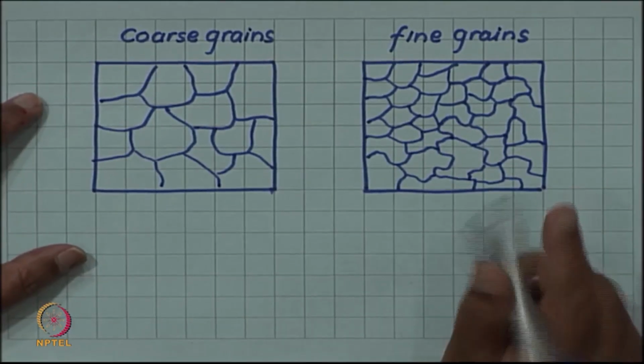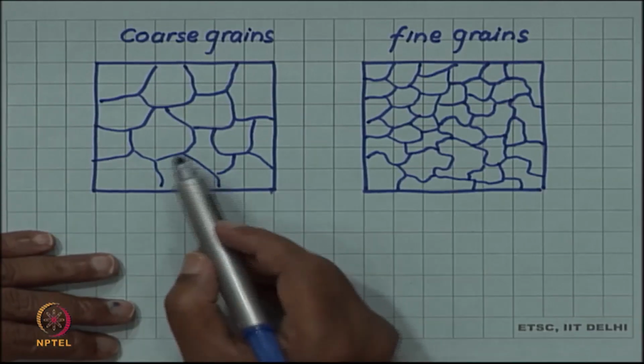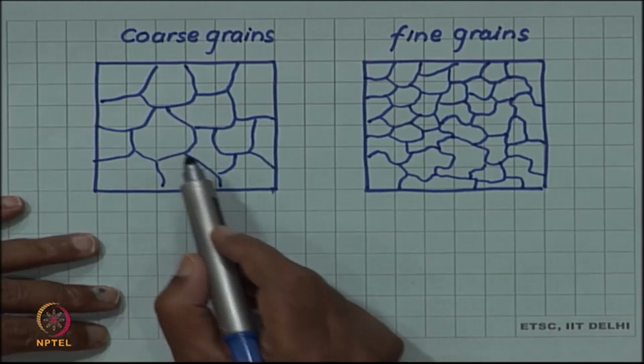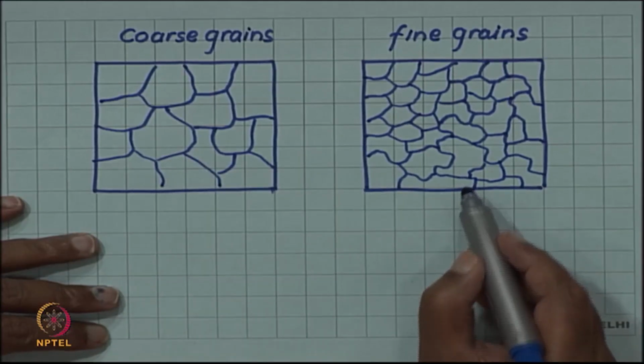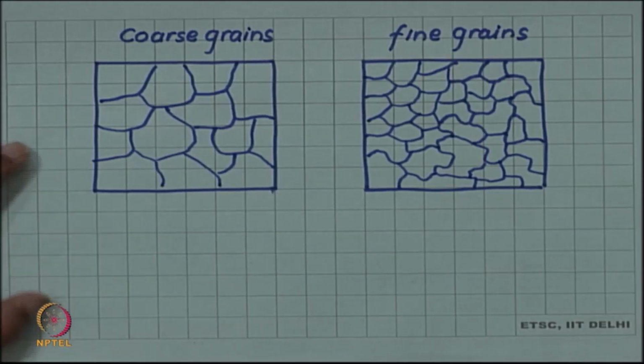If grain boundaries are obstacles to dislocation motion, dislocations will have more frequent interference in the finer grains, because there are more grain boundaries than in the coarser grain.